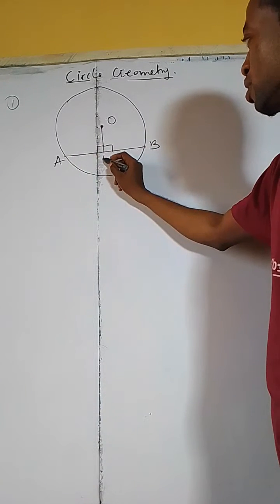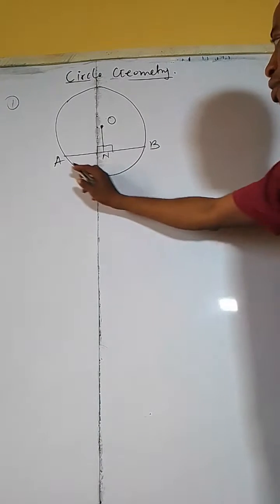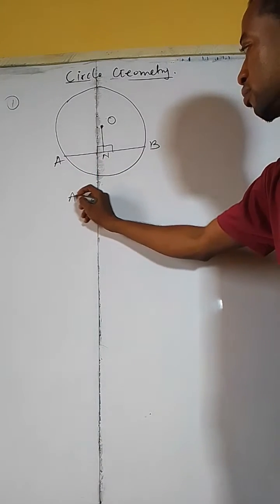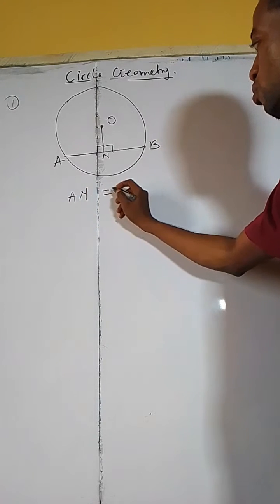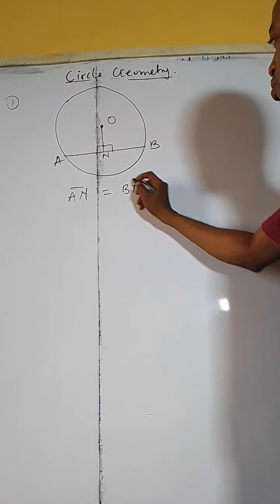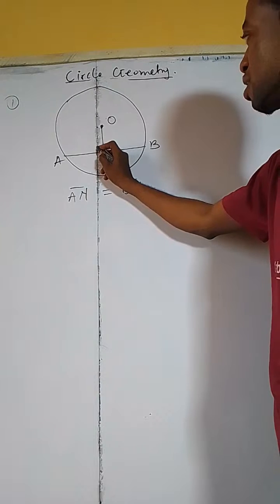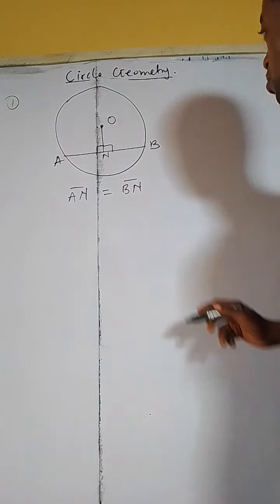So when we label this as N, then it implies that line AN is equal to line BN. So the line will divide this chord into 2 equal parts and also meet at angle 90 degrees. That's a particular theorem as well.